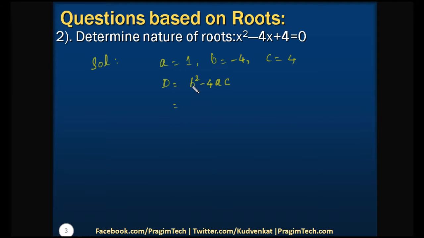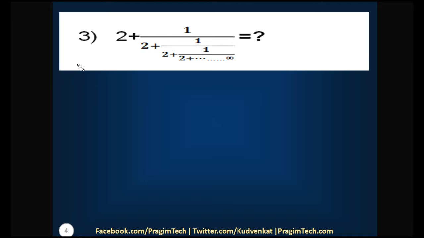So that is equal to b square, which is minus 4 square, minus 4 into a, which is 1, and c, which is 4. So this is 16 minus 16. So that means it is 0. When the discriminant is 0, the roots are real and equal, right? So the roots are real.